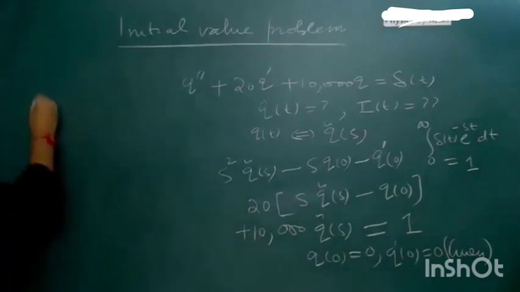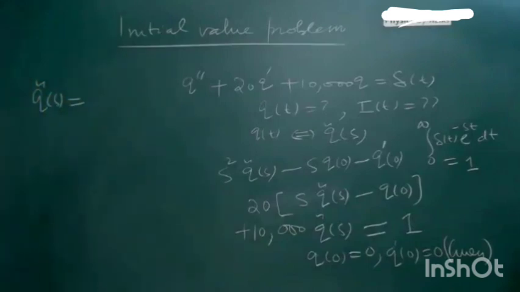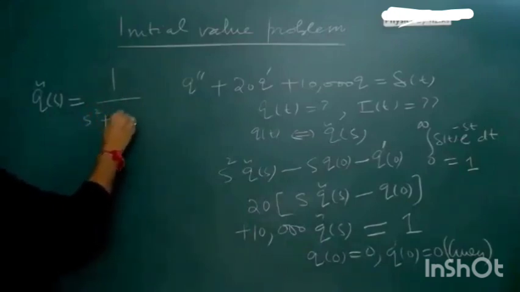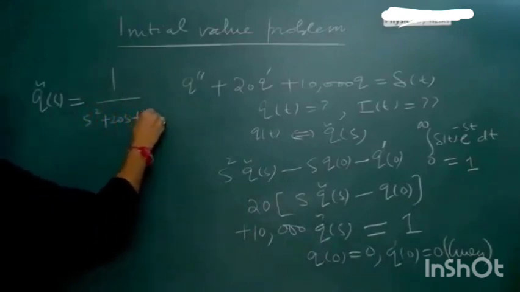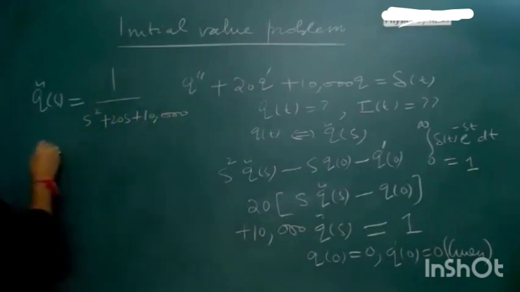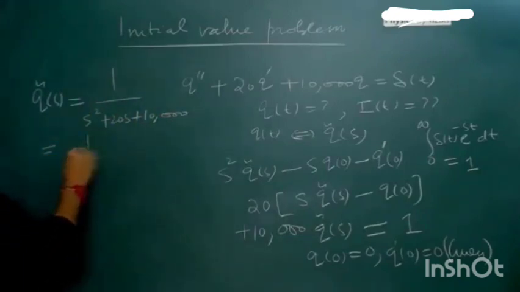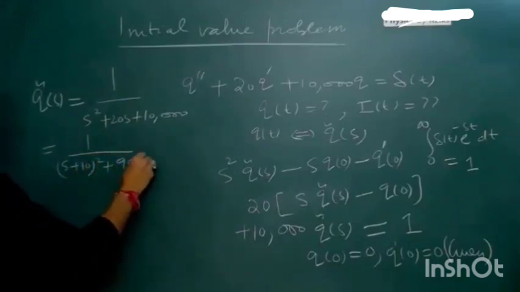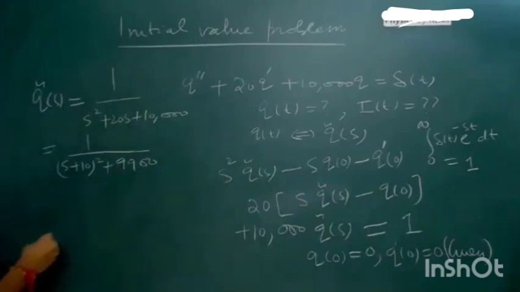So what is Q tilde of s equal to? You calculate it from this equation. It will become 1 upon S squared plus 20S plus 10,000. And this will become 1 upon, making it a perfect square, S plus 10 squared plus 9900. And now you know what I am doing.